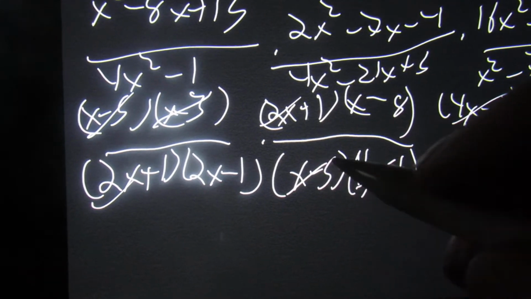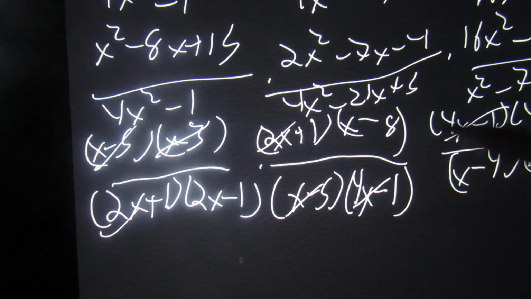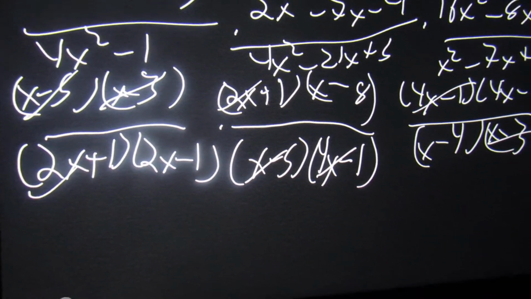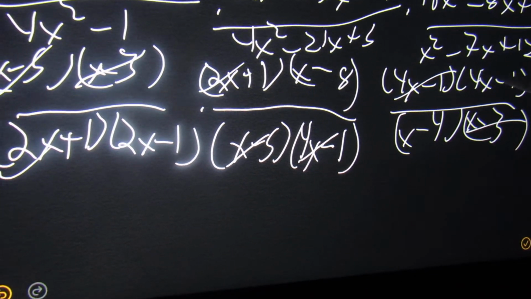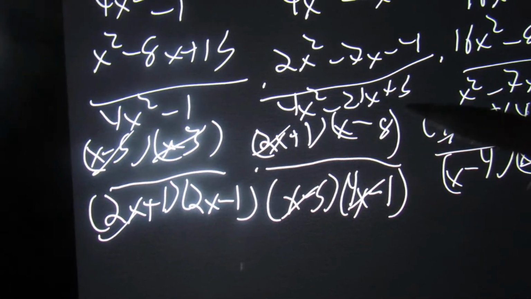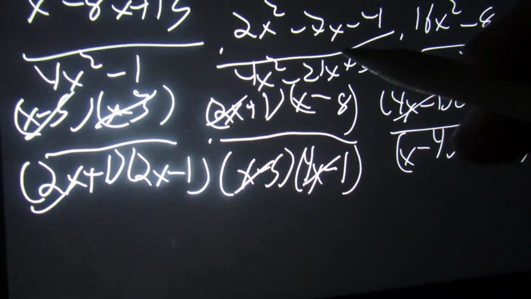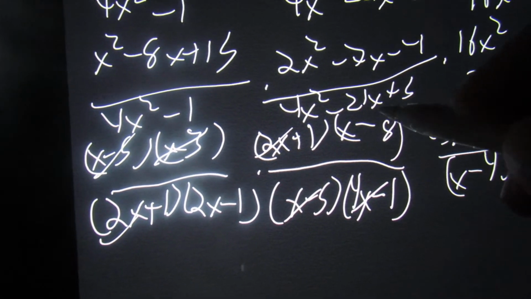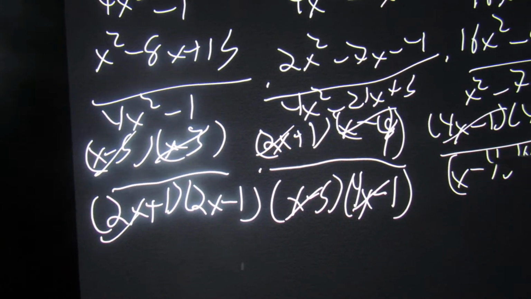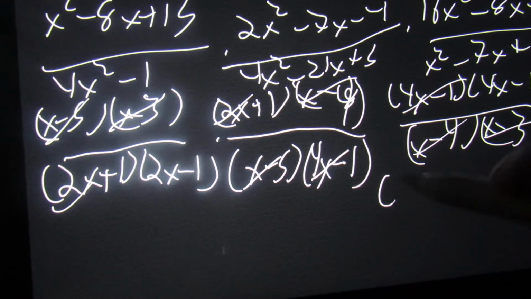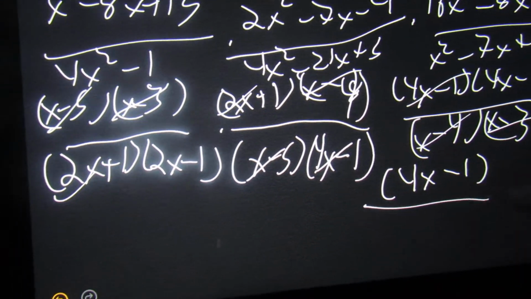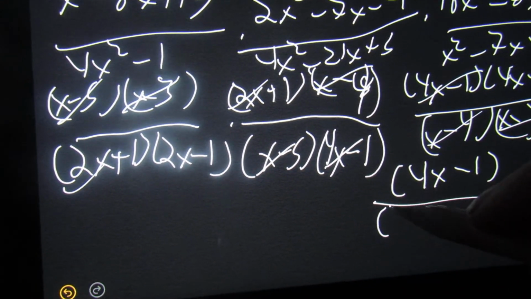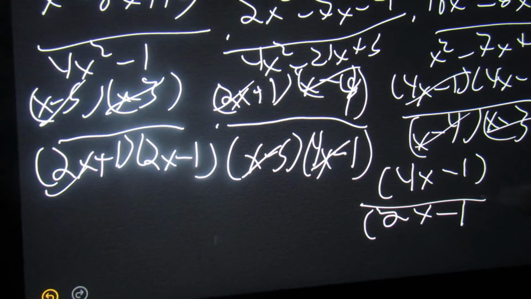What we're left with on top is, let's see here. Oh, no, this is a 4. So x minus 4s also cancel. What we're left with on top is 4x minus 1. What we're left with on bottom is 2x minus 1.